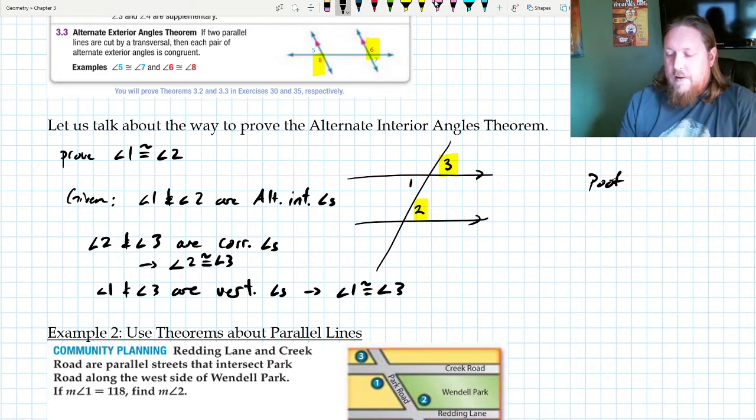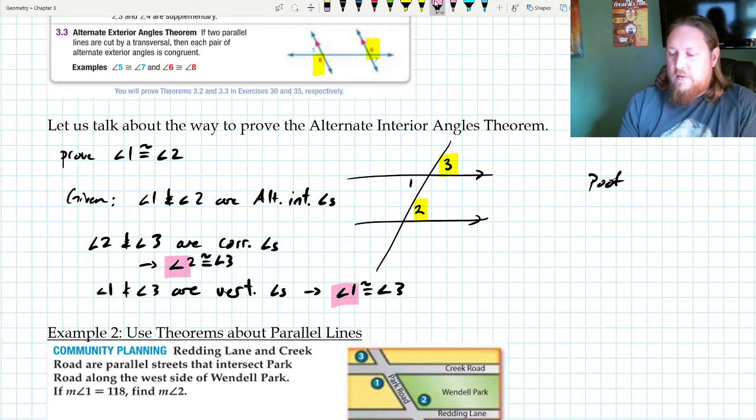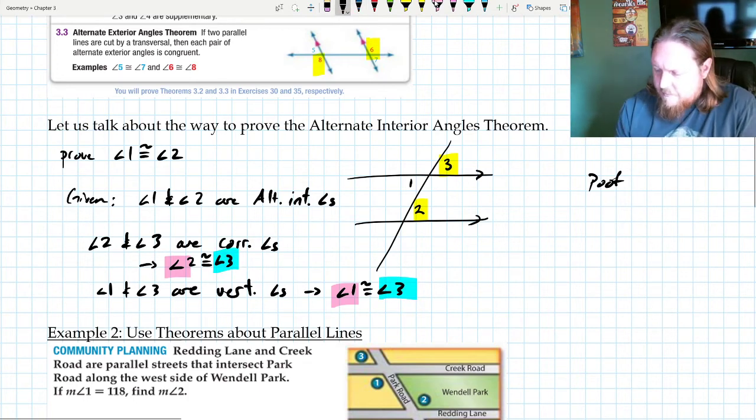And guess what? I have two different angles. Angle 1 and angle 2 are congruent to the same angle, angle 3. So I'm going to use the transitive property. One thing I'd have to do is switch the order here. Angle 3 is congruent to angle 1. And all of that leads me to the transitive property.